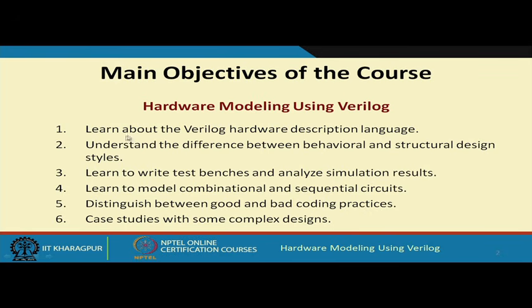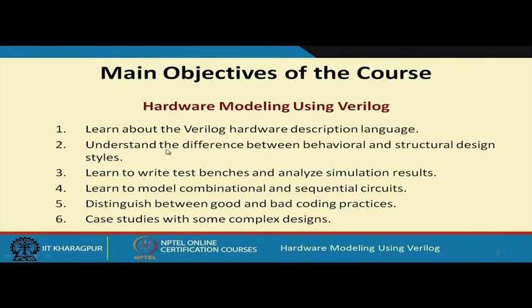It is a language using which a designer can specify the behavior or the functionality or the structure of some given hardware, some specified hardware circuit. As part of this course, we shall of course be learning about the Verilog hardware description language, its various features, the syntax and so on.